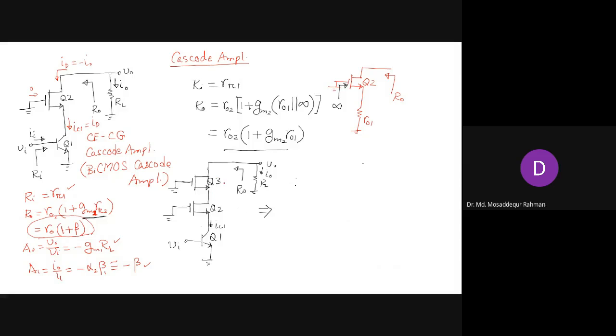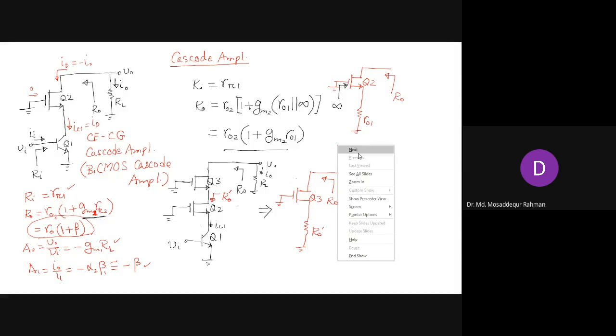If you look from the output side, you have Q3, and what is connected below it we can replace by an equivalent output resistance, let's call it R_o prime. So the equivalent circuit has R_o prime and then Q3.